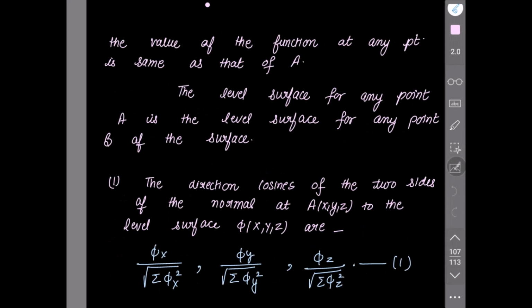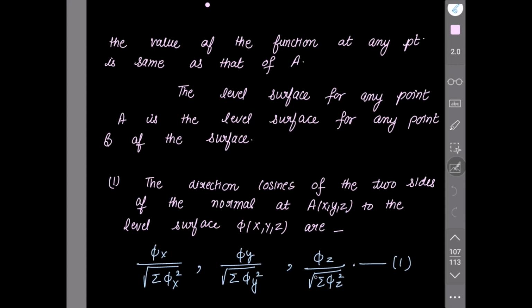The direction cosines of the two sides, the upper and the lower side, are phi x over root of summation phi x square, where summation phi x square means phi x square plus phi y square plus phi z square, comma, then phi y over root of phi x square plus phi y square plus phi z square, right?